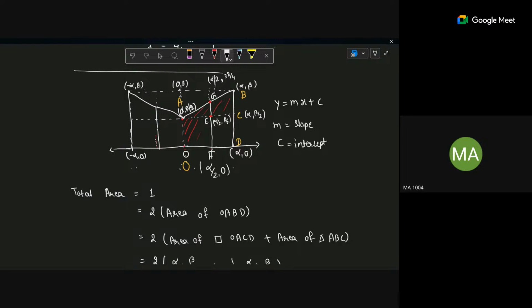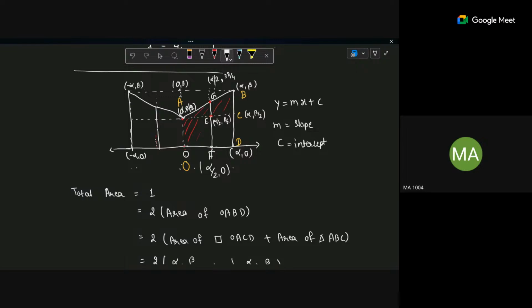That means F is the midpoint of the line OD, isn't it? The line AC is parallel to OD, going vertically upward, so E is the midpoint of AC.